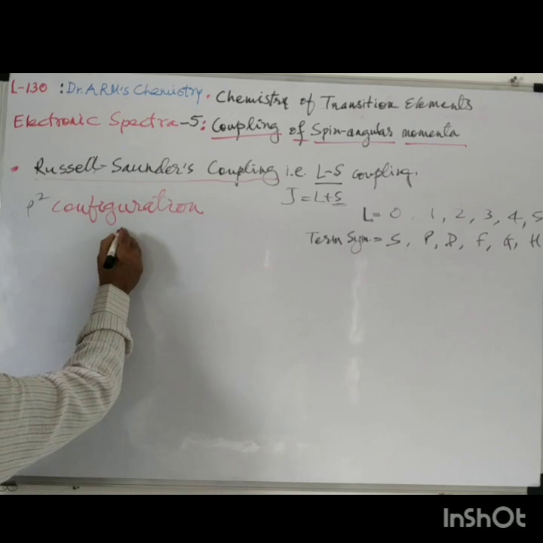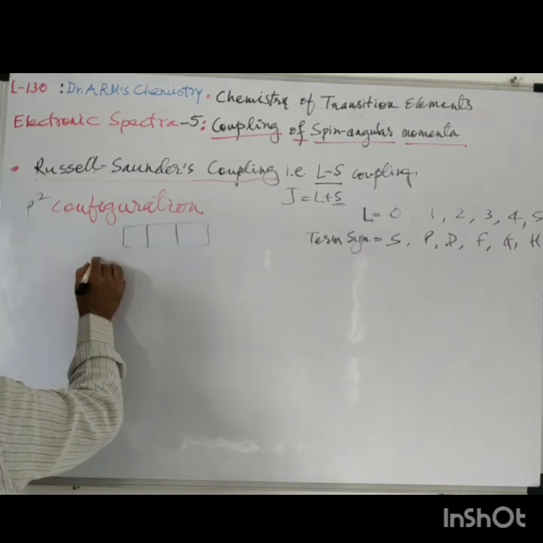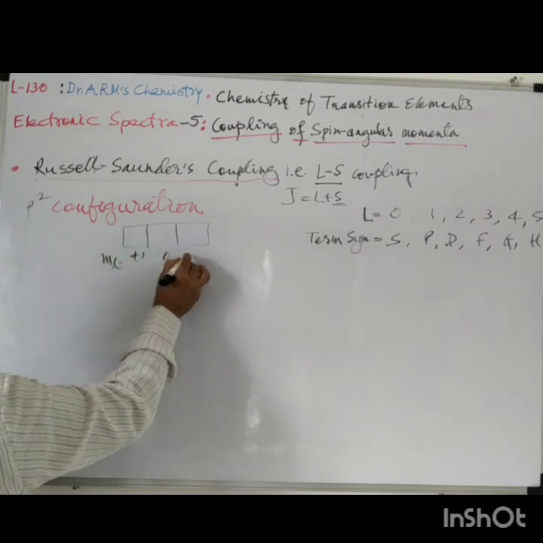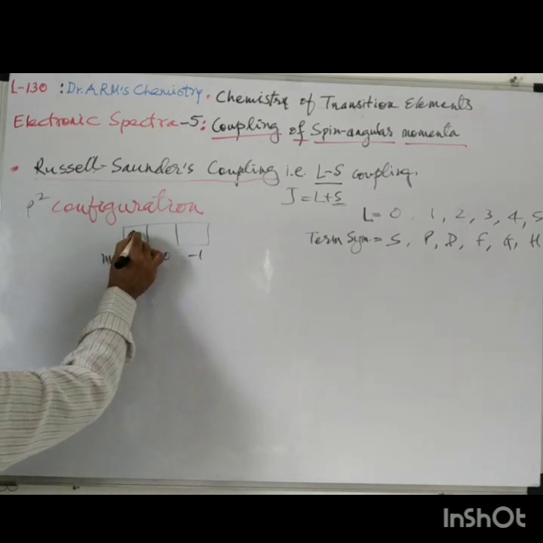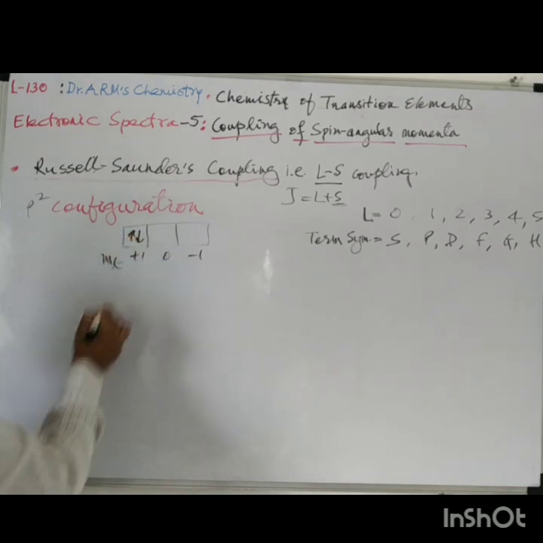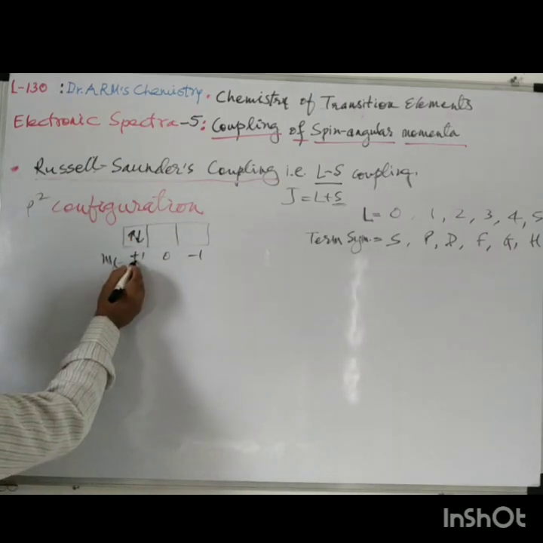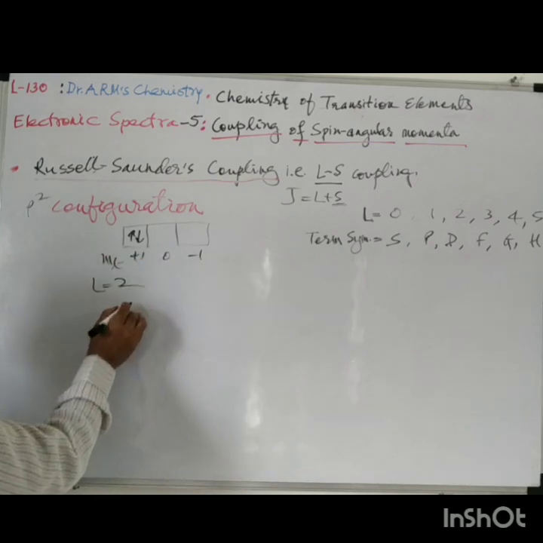As we have discussed earlier, their ML values are plus 1, 0 and minus 1. So if we keep the 2 electrons here, maybe in the opposite direction spin, the maximum value of L is equal to 1 plus 1, that is 2.